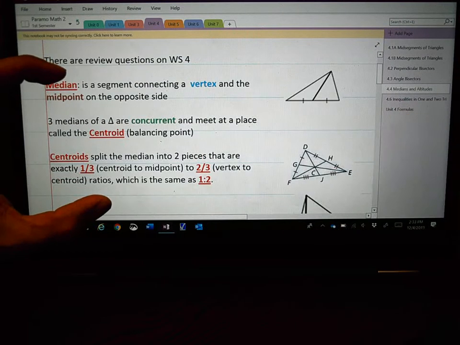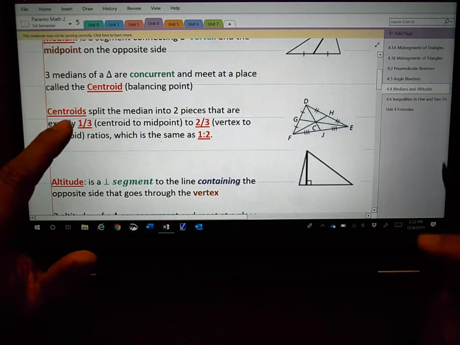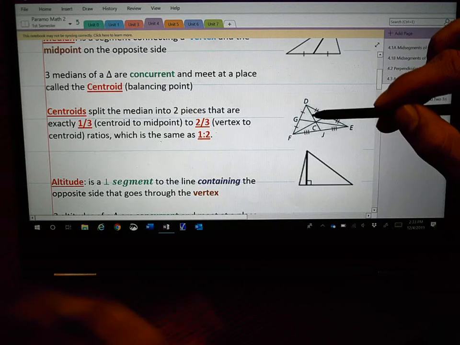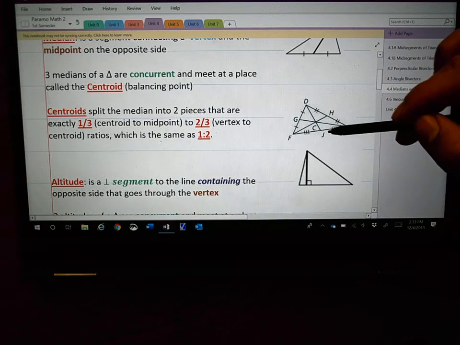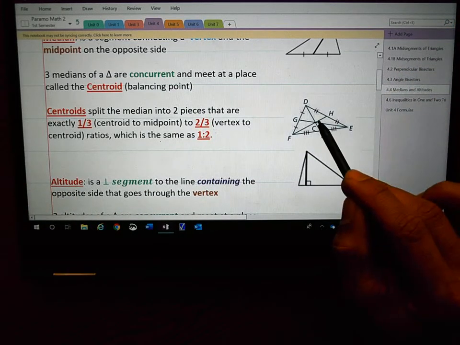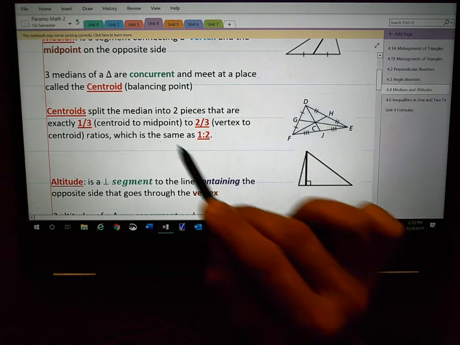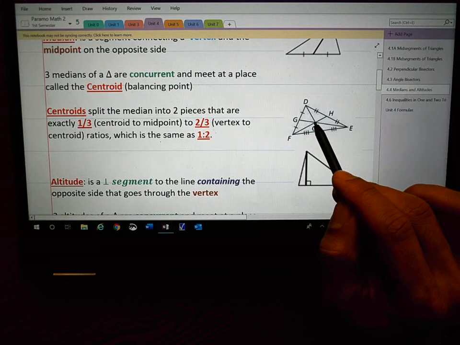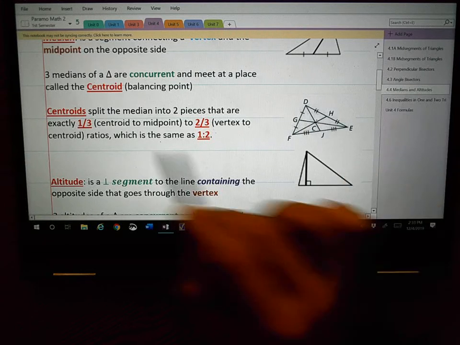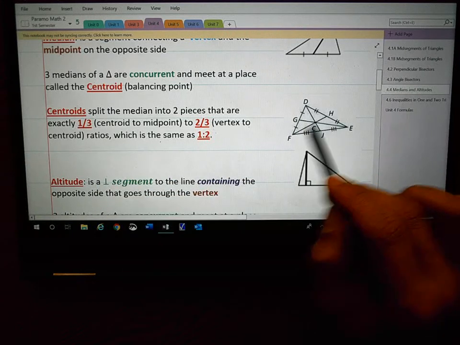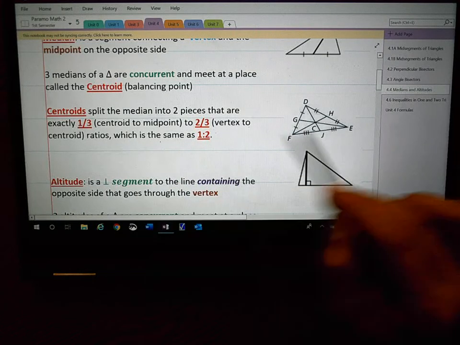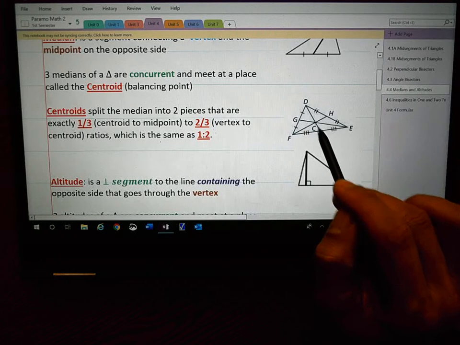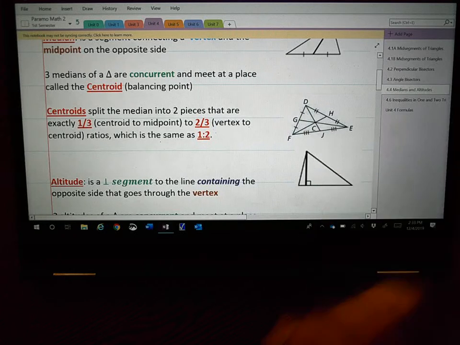What we did with the medians, centroids also split the median into 2/3 to 1/3, or from 1/3 to 2/3, depending where you were. From the centroid to the midpoint is the 1/3 part. From the centroid to the vertex is the 2/3 part. 1/3, 2/3, 1/3, 2/3.